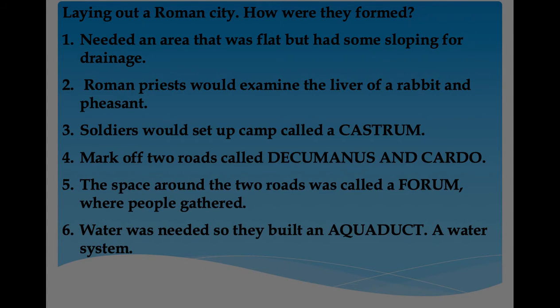Okay, so Roman cities were typically focused on the Forum, which was a large open plaza surrounded by important buildings. This area was civic, religious, and the economic heart of the city.